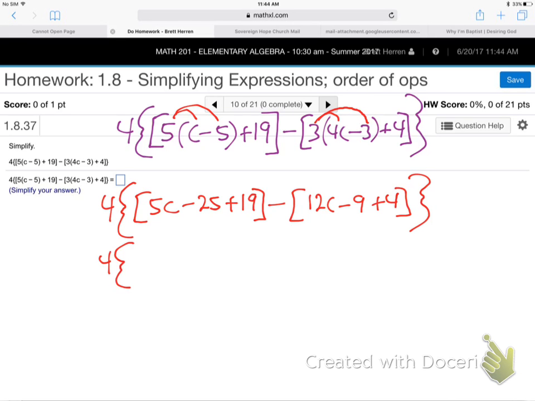Good so far? Distribute. So I dropped the little parentheses, right? Those walls came down, and the water, the thing waiting in front of them, went in. Good. Distributed.